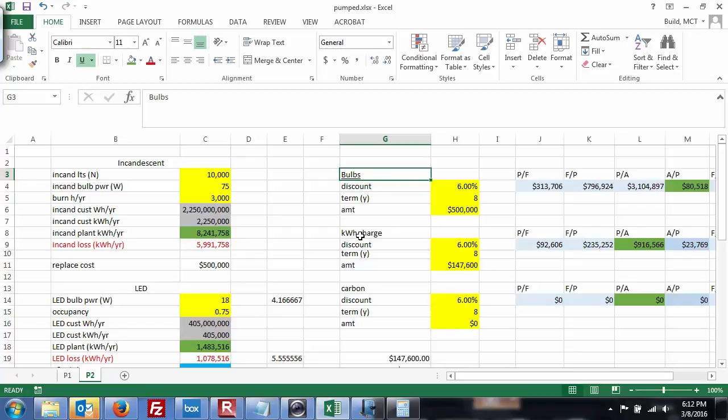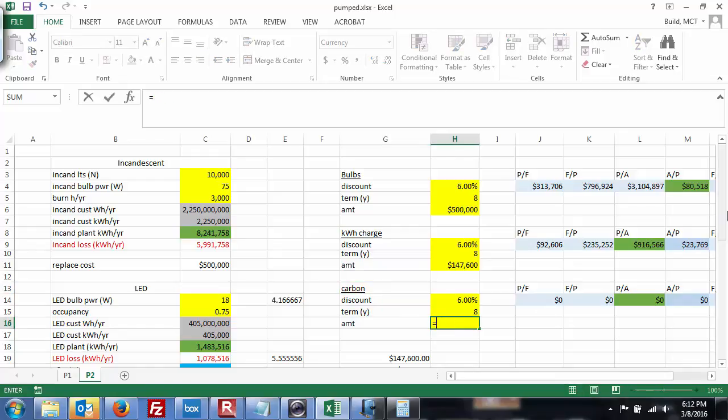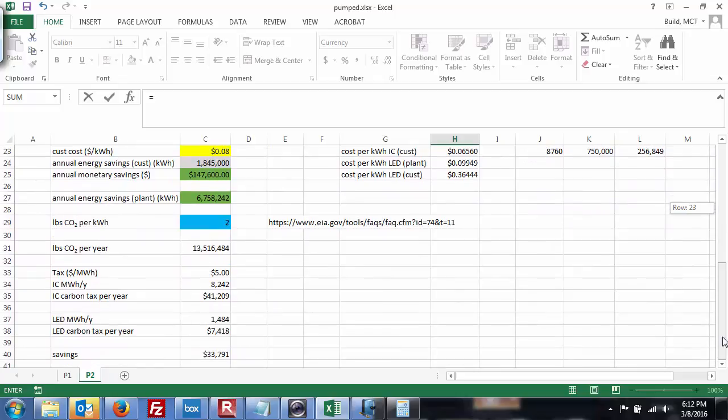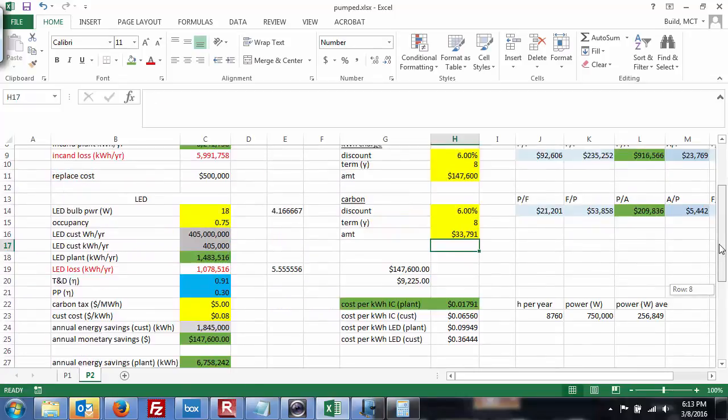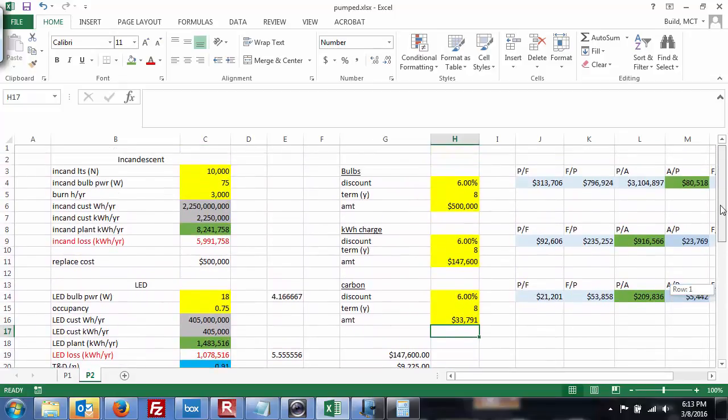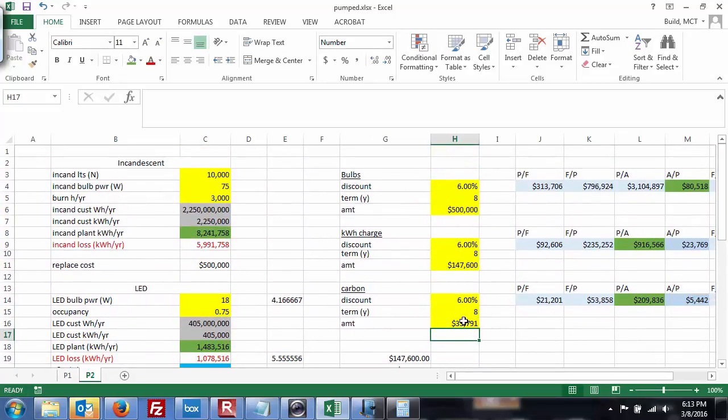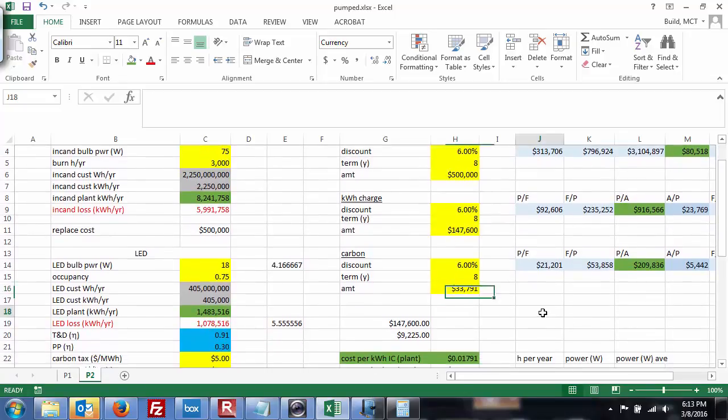Control U, Control U, Control U. So the annual savings equals 33,000 bucks. Annual savings. Okay, so now what we're looking at is, I'm just going to call this the net present value of proposal.